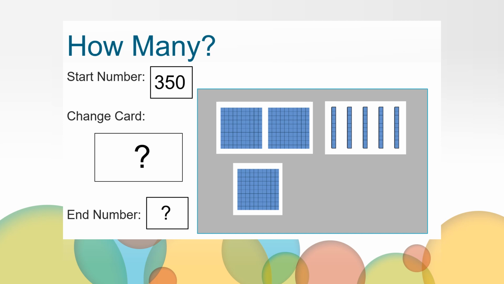Now we have a start number of 350, which is already drawn on your paper. Let's see how much we're going to add or subtract this time. The change card says add 200. Go ahead and draw a picture with 2 more 100 flats on your paper. Can you make a prediction about what your new number will be?